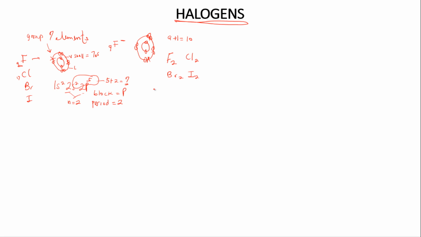You only see them in a combined form, like hydrogen fluoride, sodium chloride, or potassium iodide. This is what we call a combined form. They don't occur freely in nature. Therefore, when you want to see them, you see them in a combined form.